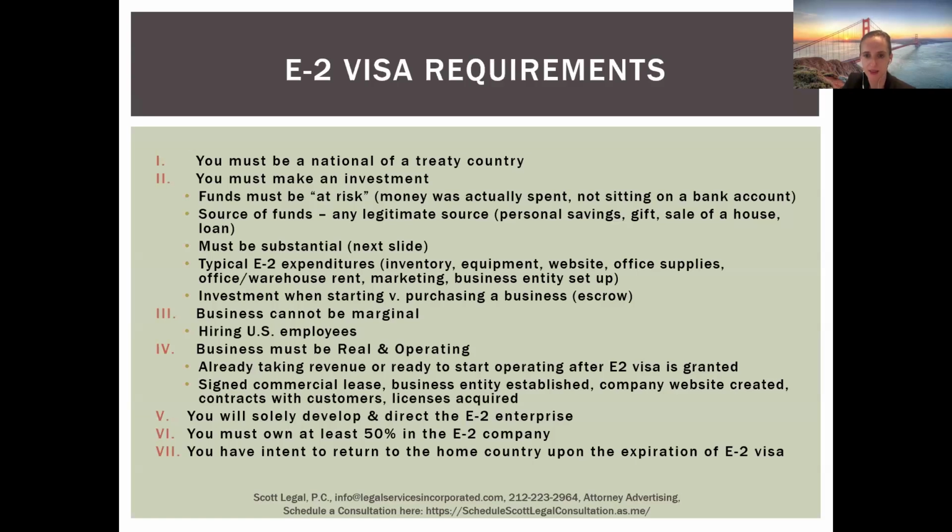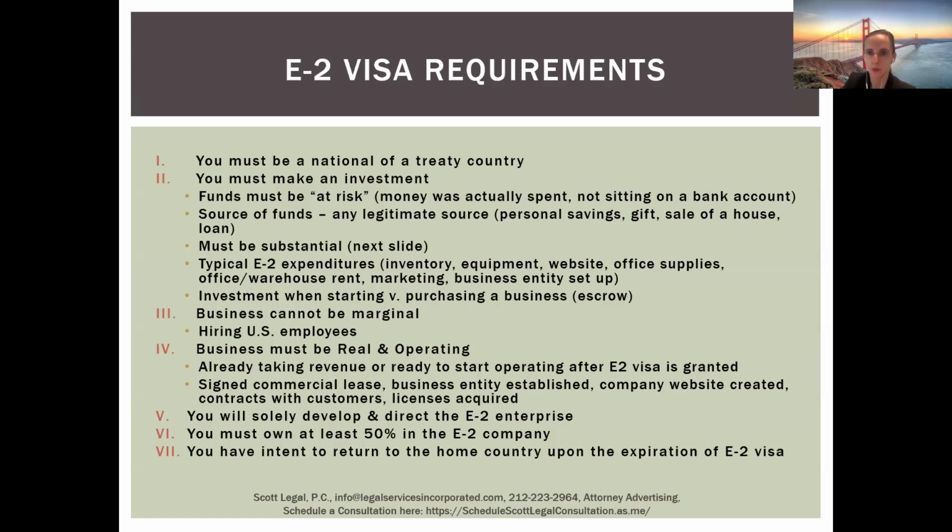This means that the business is already taking revenue or is really, really close to starting operations after the E-2 visa is granted. So, what evidence would you submit to show that the E-2 business is real and operating?